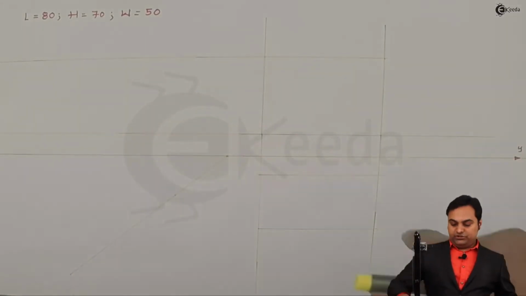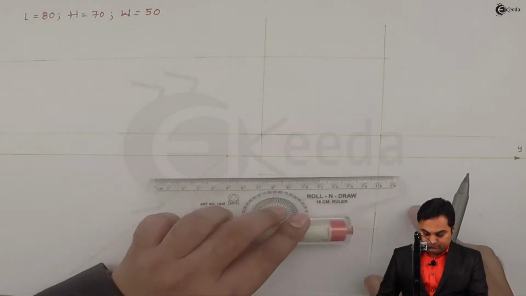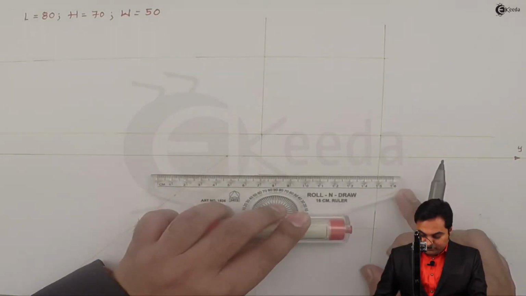So getting the width projected for the side view from the top view.